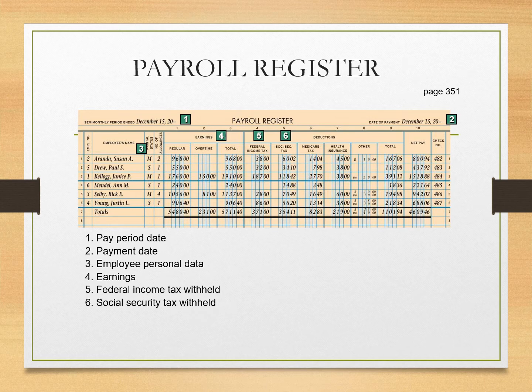Column 5, you now need to calculate your Social Security tax. You will multiply your total earnings by 6.2%. Column 6. Now it is time to calculate Medicare by multiplying the total earnings by 1.45%.